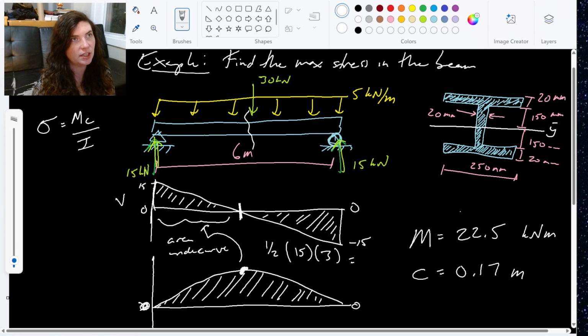Moment of inertia. And I don't have a really good way to calculate this other than using my parallel axis theorem. Right? So my parallel axis theorem, if you remember, I divide this up into shapes and I calculate the moment of inertia for each shape.